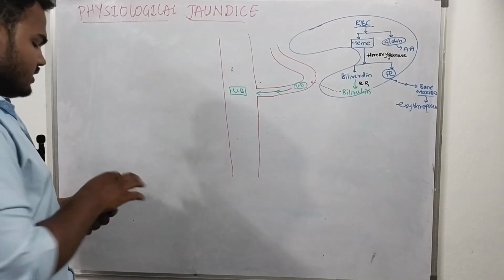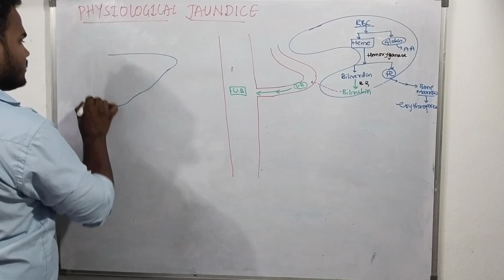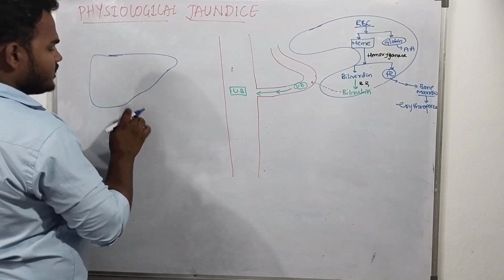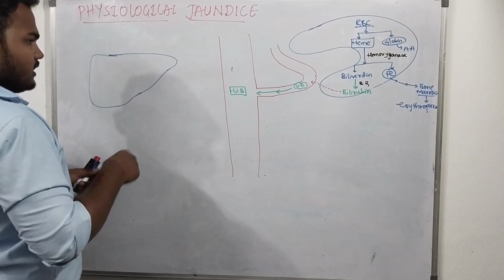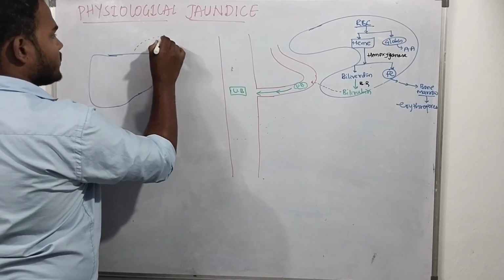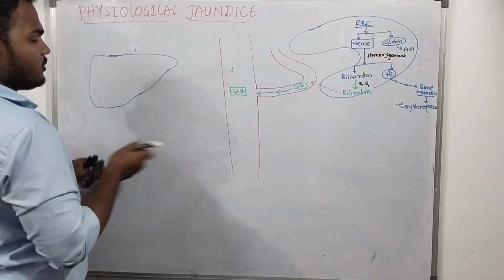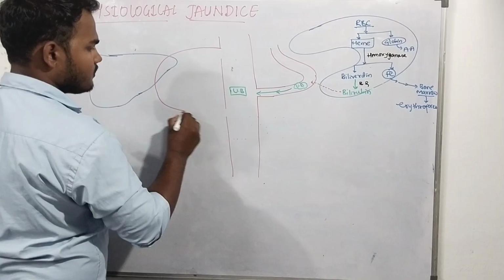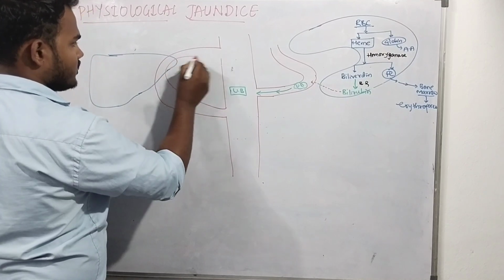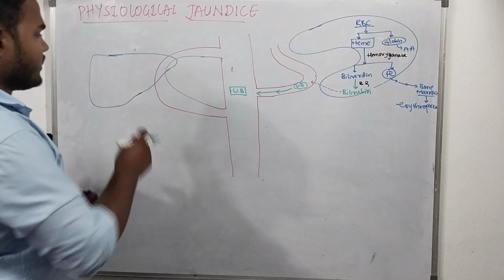Now here is a special structure, the liver. Let me draw the capillaries coming to the liver. This is the blood vessel coming from the liver.